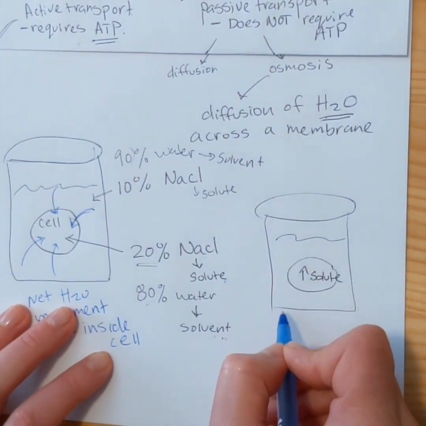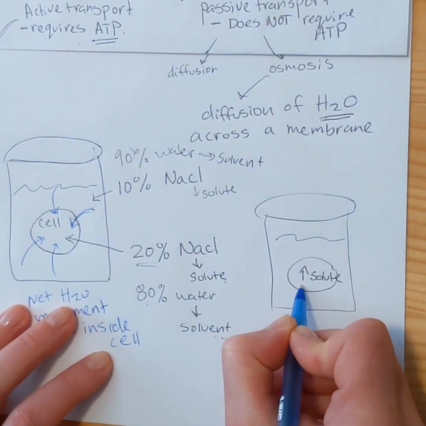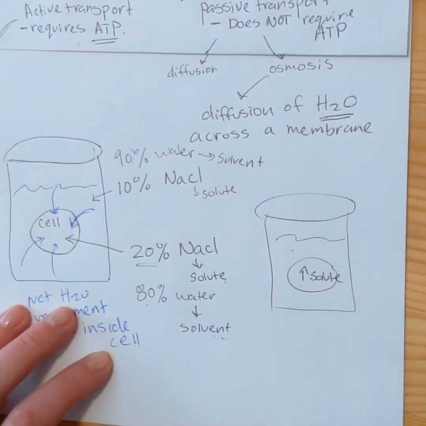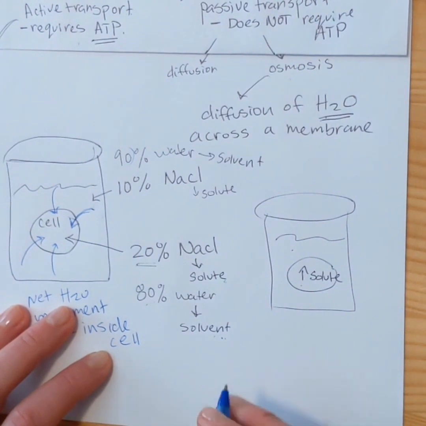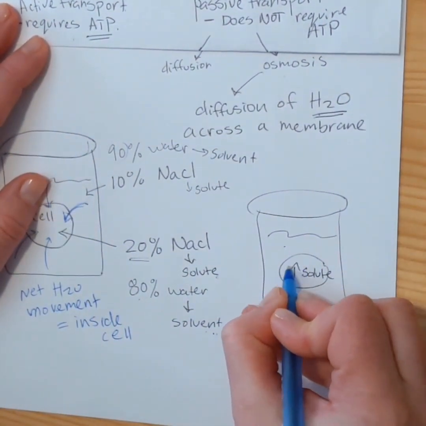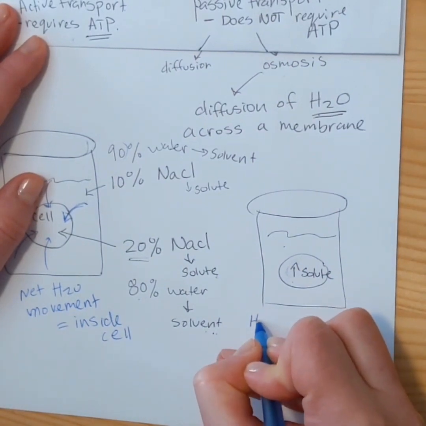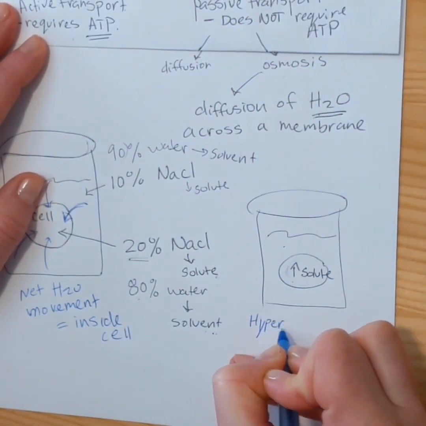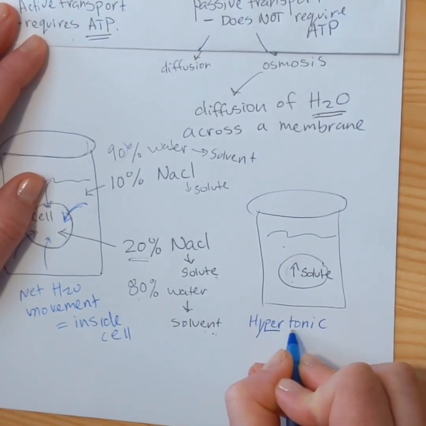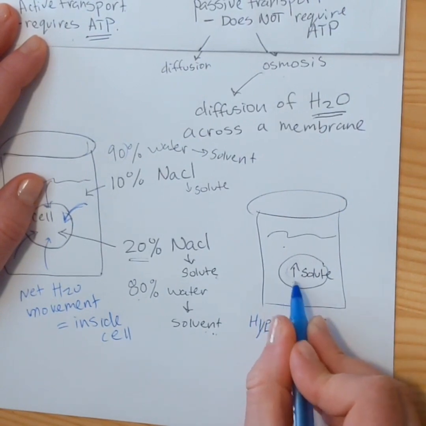Now what's cool about this too is we can add a couple extra vocab words. When we're comparing two solutions, the solution inside the cell and the solution in the beaker, we get to use our hyper, hypo, or iso tonicity words. So if there's more solute, like inside this cell, we say it is hypertonic. Hyper means more. Tonic, there's more solute, that's what tonic means, inside the cell.